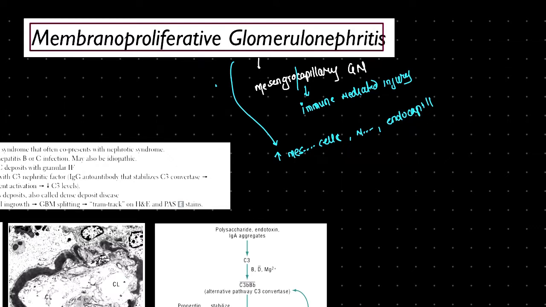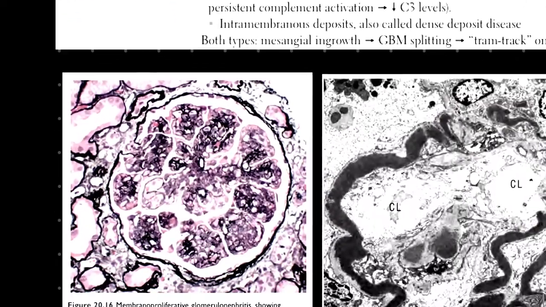One of the distinguishing features that we will find in membranoproliferative glomerulonephritis is a lobular appearance under the light microscope. As you can see, this is the lobular appearance.